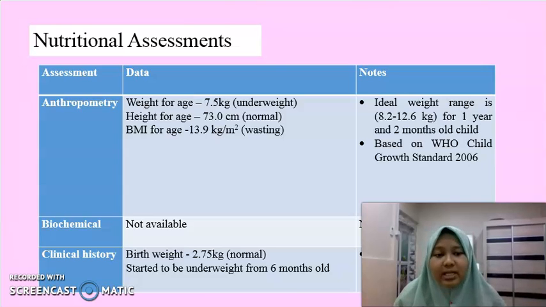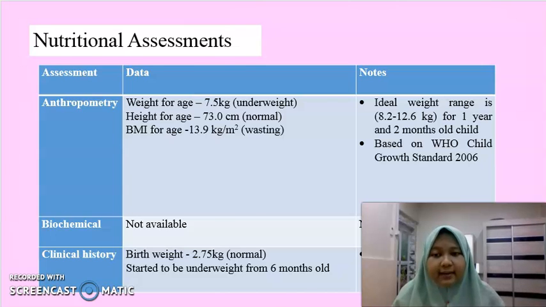The ideal weight range for a 1 year and 2 months old child is between 8.2 kg to 12.6 kg, based on the WHO Child Growth Standard 2006. So he is quite far from the recommended weight range. As for the biochemical data, it's not available, and his clinical history is only his birth weight, which is normal at 2.75 kg, and he started to be underweight from 6 months old.